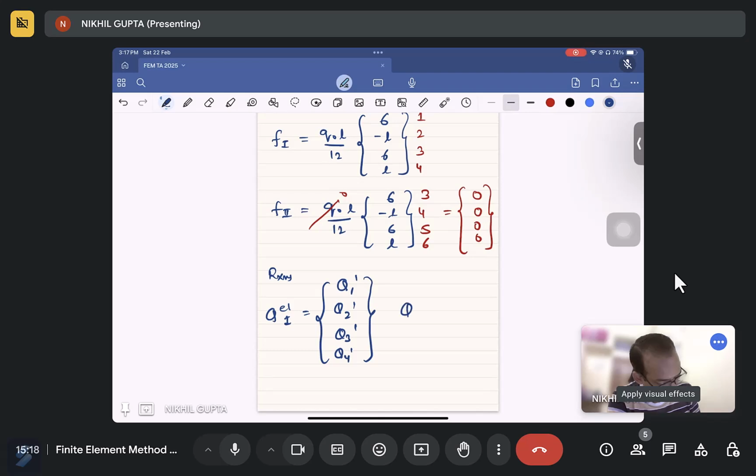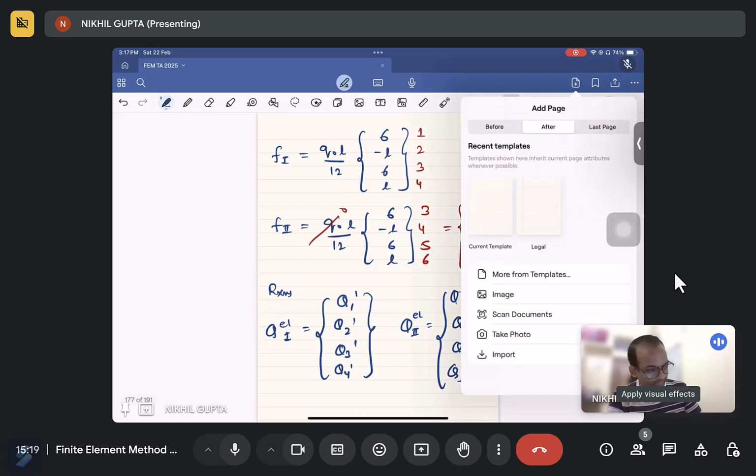Similarly for the second, it will be q3 2, q4 2, q5 2 and q6 2. The top 1 and 2 are for the element, and the bottom 1 2 3 4 and 3 4 5 6 are for the degrees of freedom in front of what it is denoting.